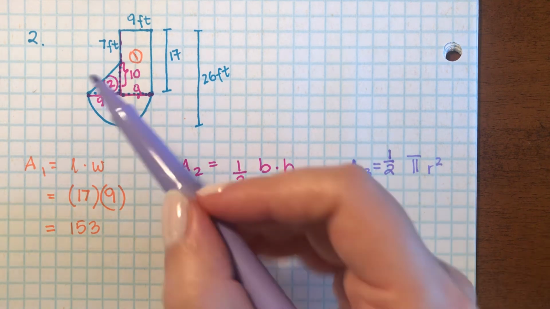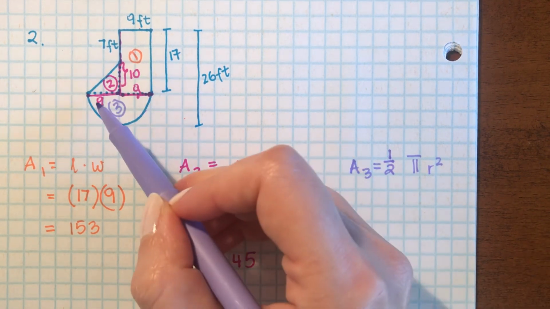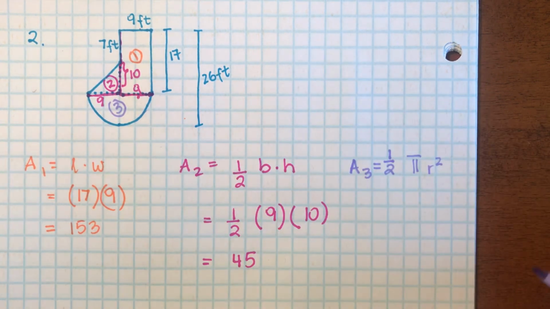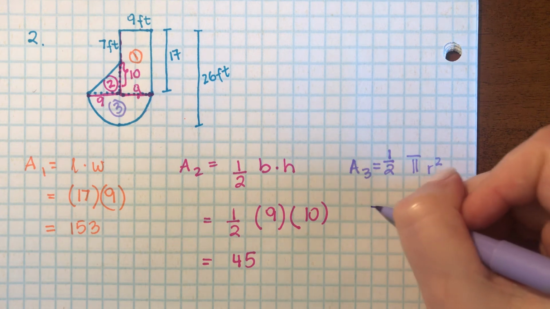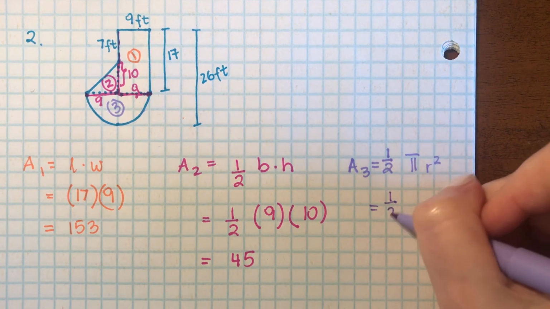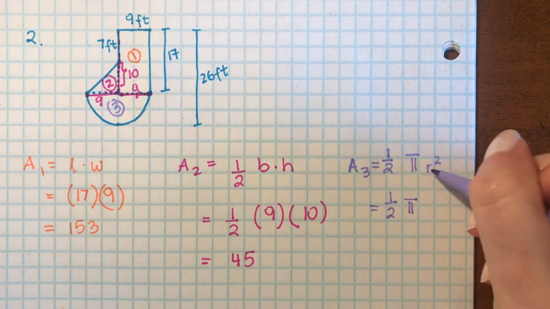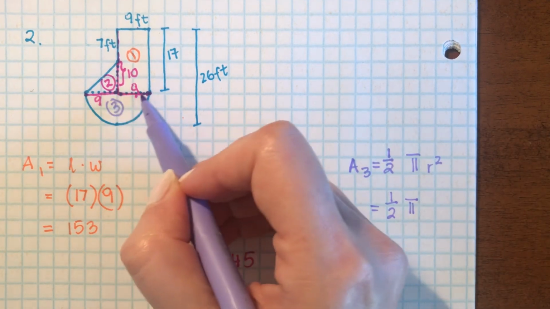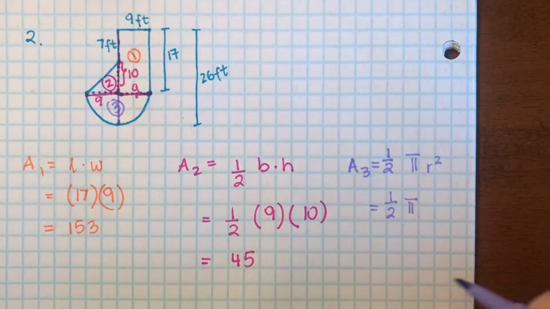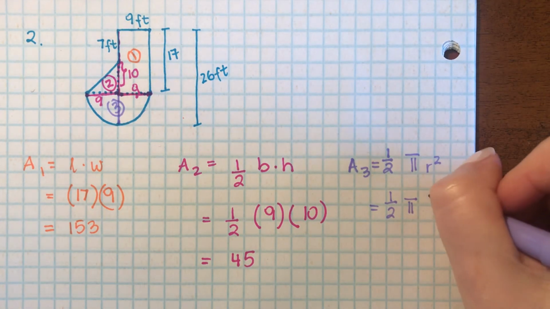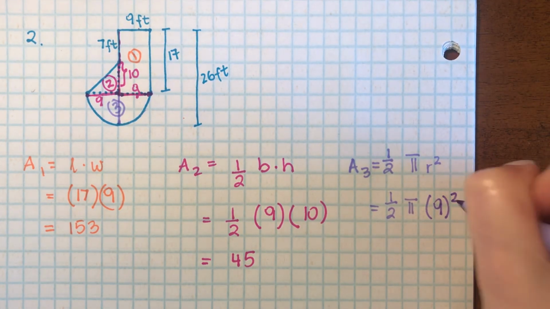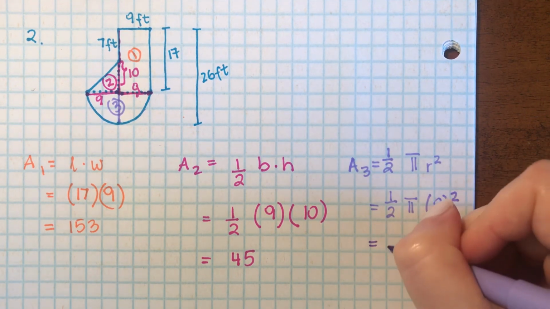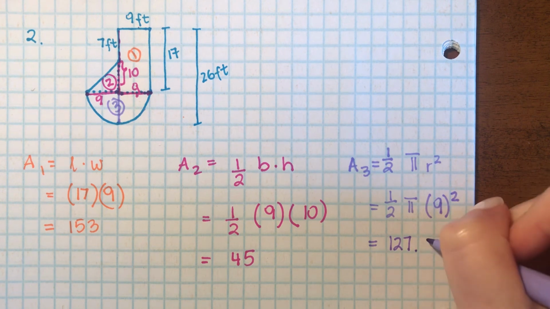So a full circle divided by 2 will give you a semicircle, or half circle. So let's plug in. We get 1/2 pi, and the radius is 9. We know this from here, and also that's going to be another radius 9. So 9 squared. When you simplify all this, you should get 127.23.